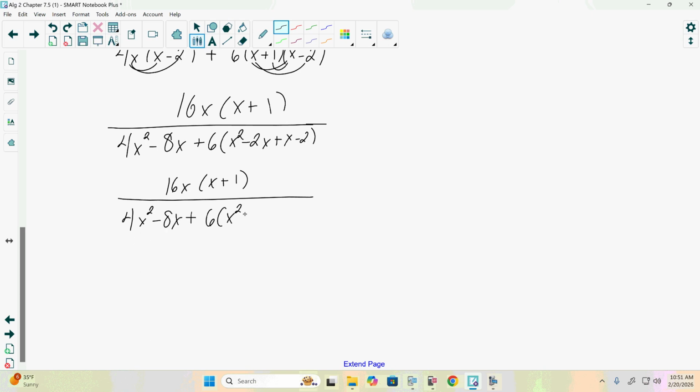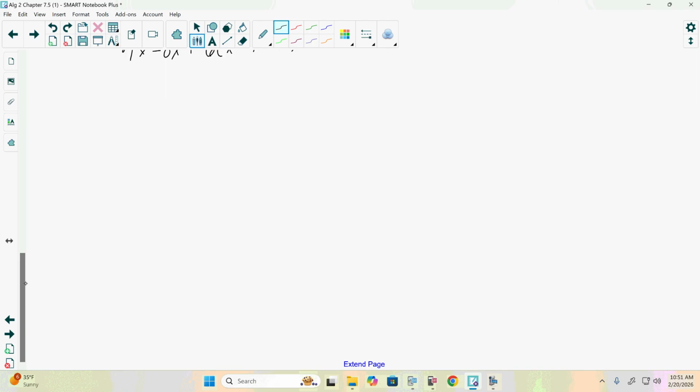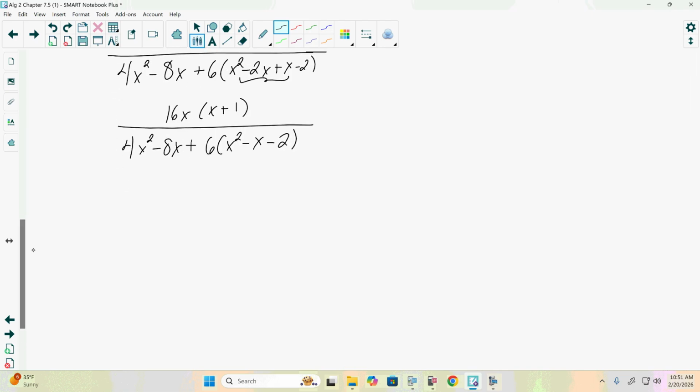Now we would combine like terms. Our negative 2x plus x would combine. And then we would have to distribute the 6, which would give us 6x squared minus 6x minus 12.